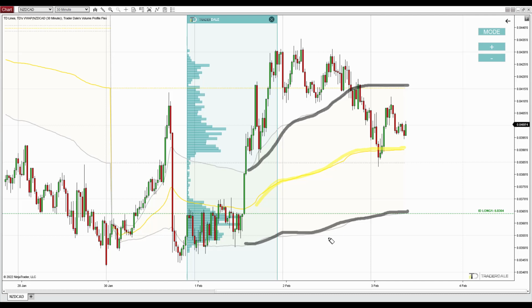And if they are combined with volumes, then they represent strong support and resistance zones. So in this case, we have the volumes in this volume zone, right? And at the same place, you can see that the first deviation is in here, in the same area.